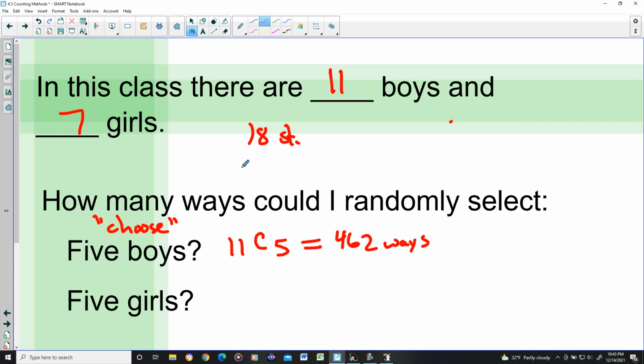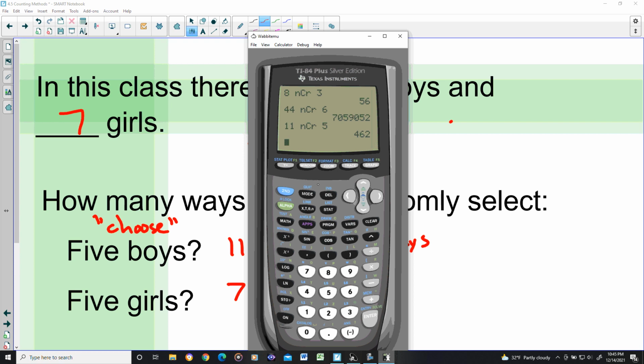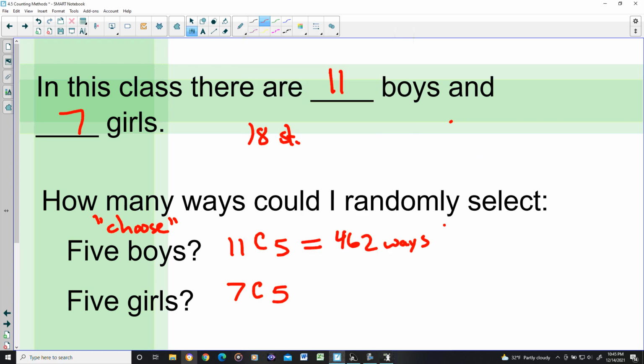Now what about 5 girls? 7 girls in the class. 7 choose 5. This one's a little bit easier to do. 21. So there are 21 different ways. Now, why is this one a lot smaller? Because we're choosing a larger proportion of the girls, so we have less that are not in the group. It's an interesting way to think about it.